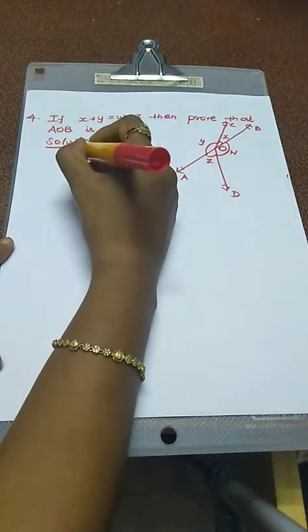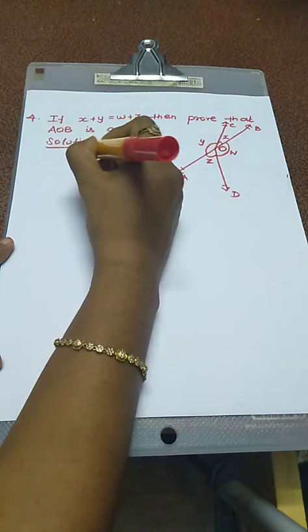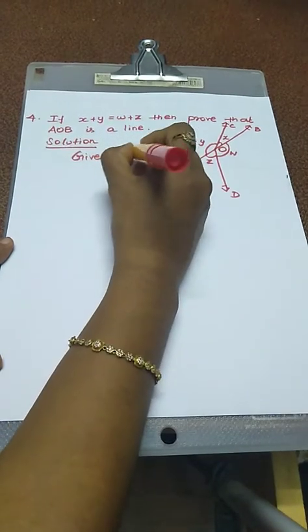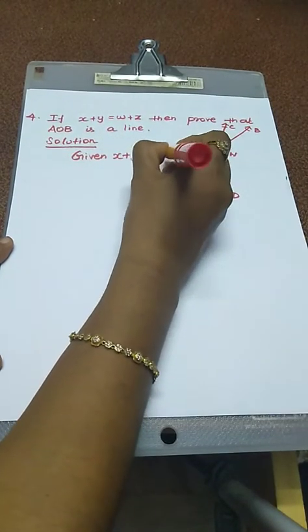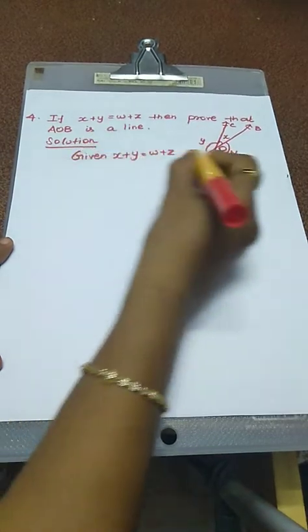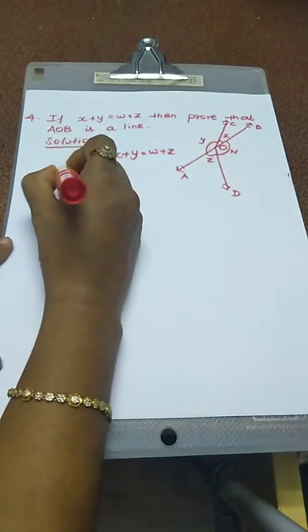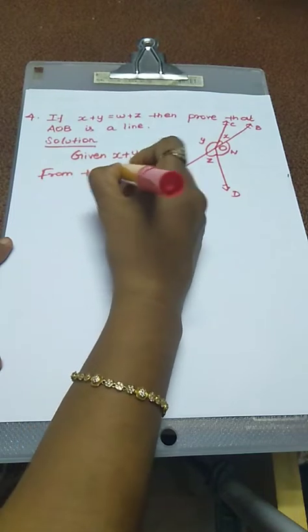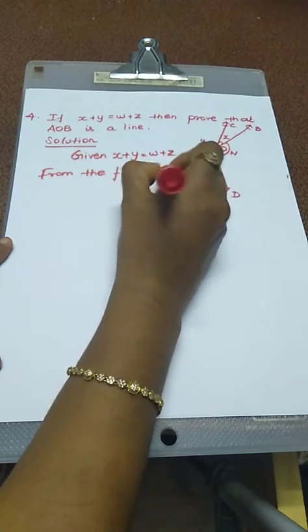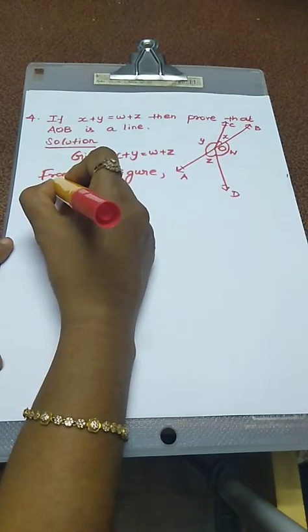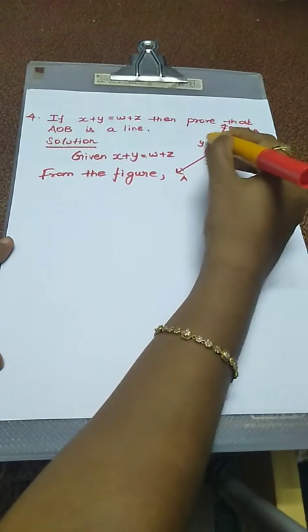First we take the given x plus y is equal to w plus z. This is given. Look at the figure. From the figure, the complete angle formed at this O is 360 degrees.